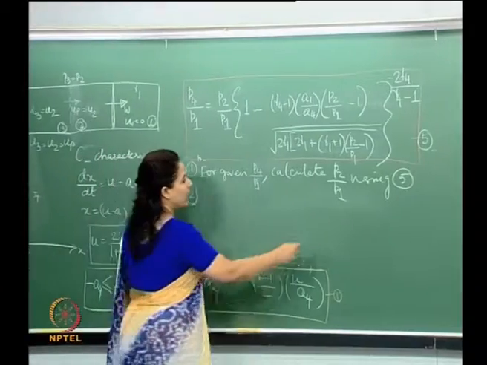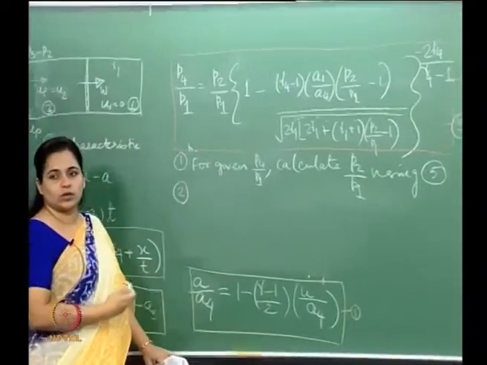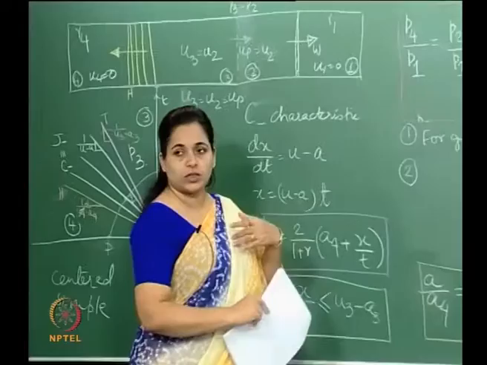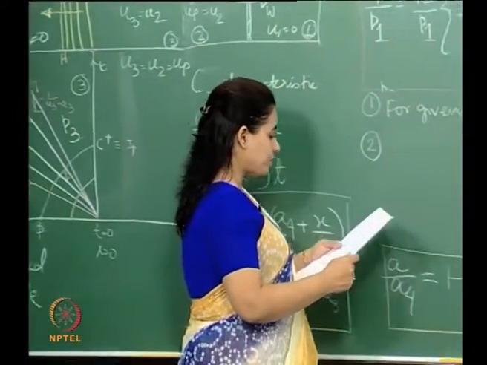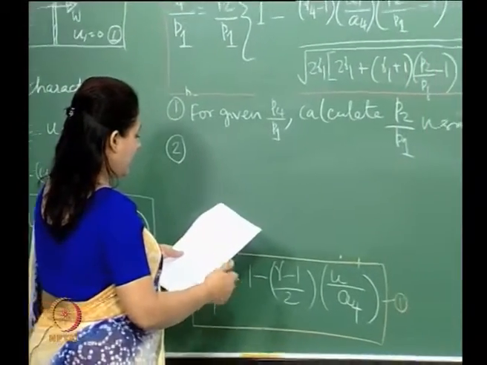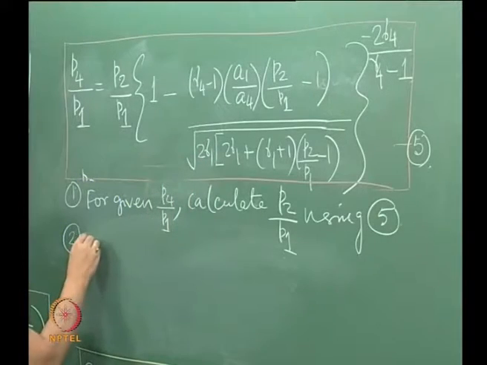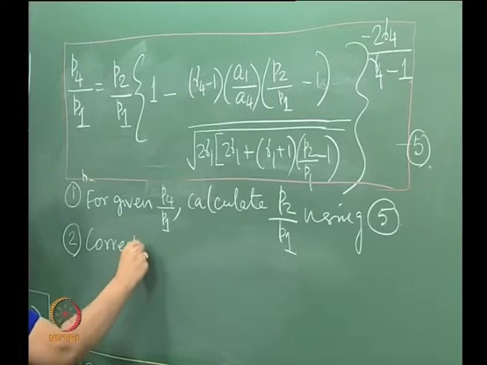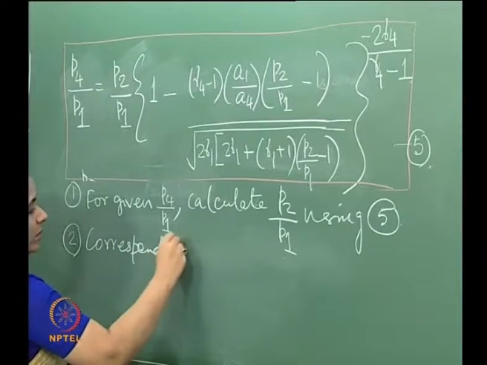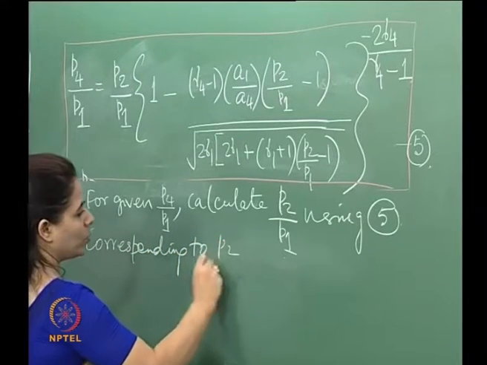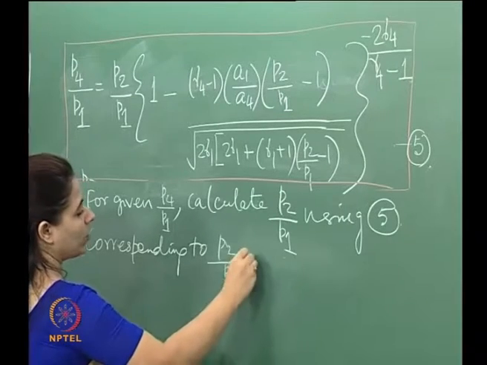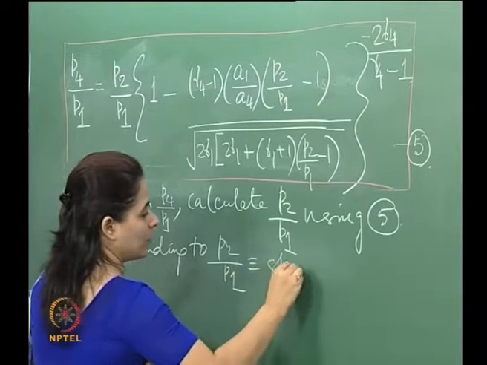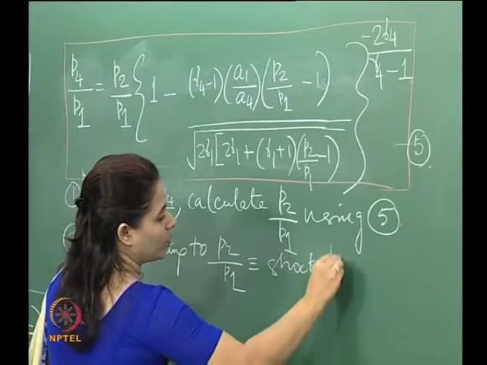So once we have calculated the shock strength, we can calculate the properties across it. So for P2 by P1, we calculate all the shock properties.